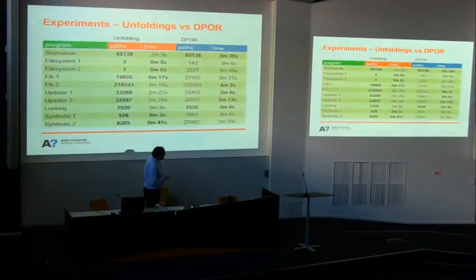Sometimes the test cases are fairly similar. Usually then DPOR beats us, but not by much. Then here we're pretty similar, but because we're like 4 times smaller, or 3 times smaller, we're actually better. So even though we have an NP solver in the innermost loop, we're still able to do things.